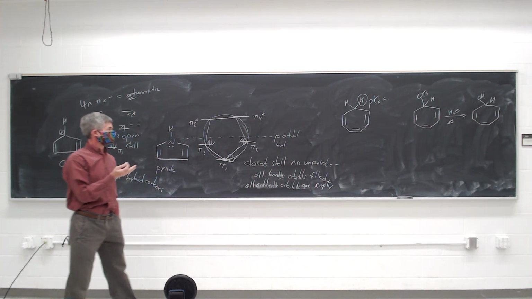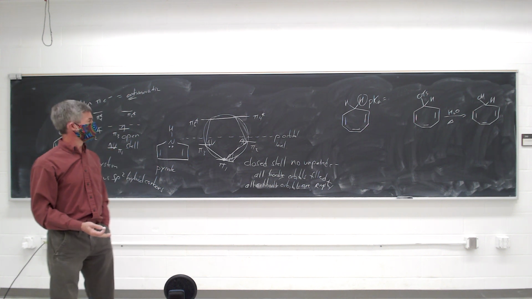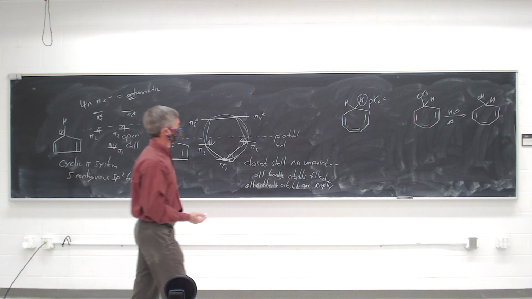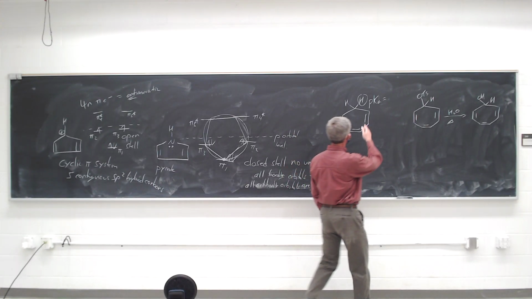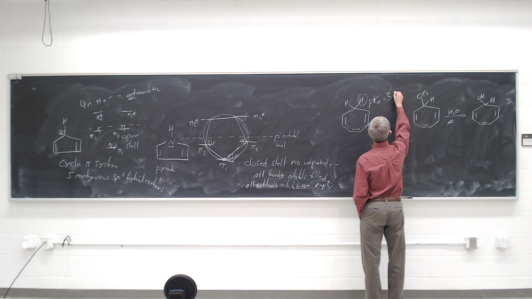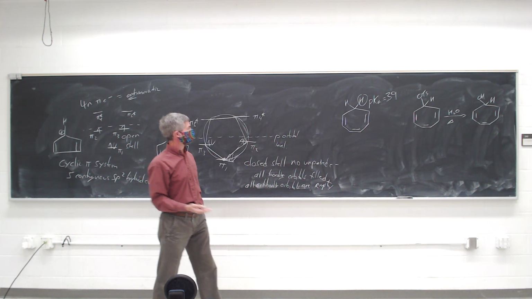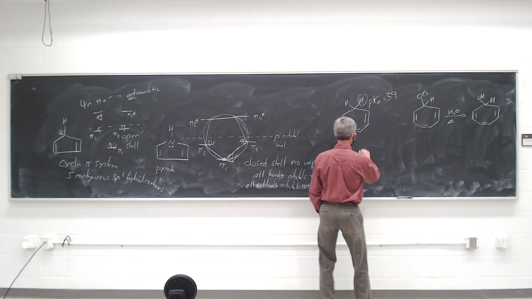Would we expect that pKa to be comparable to the cyclopentadienyl system? Well, as it turns out, that pKa is only about 39. So we don't get an aromatic stabilization for our anion.